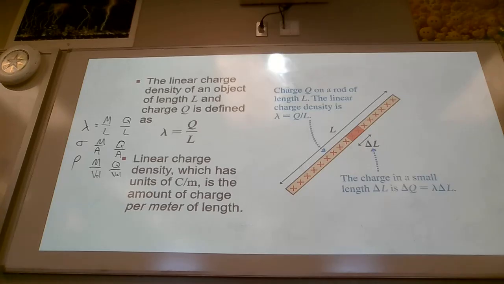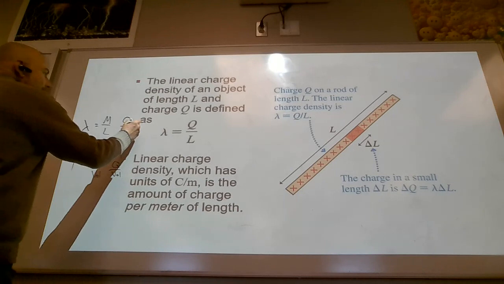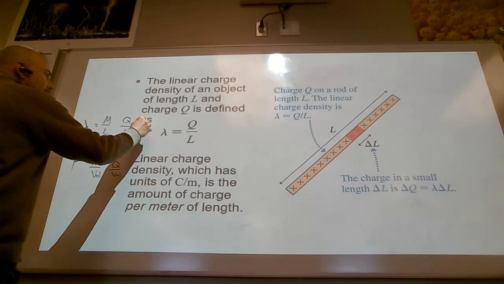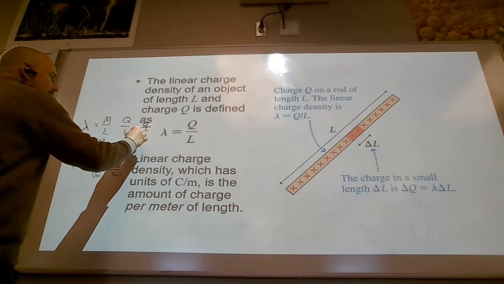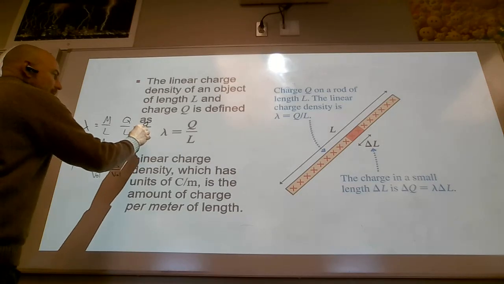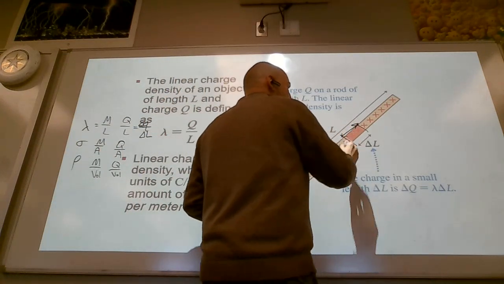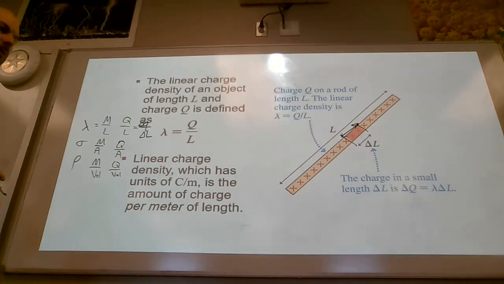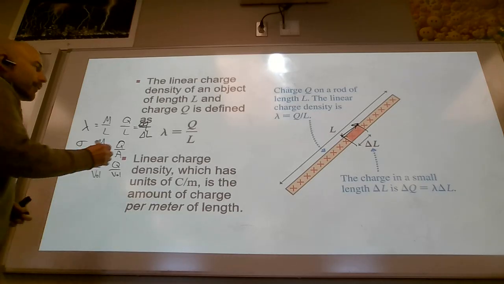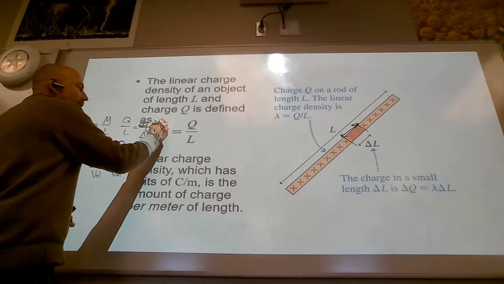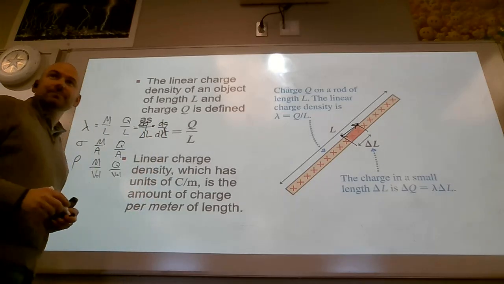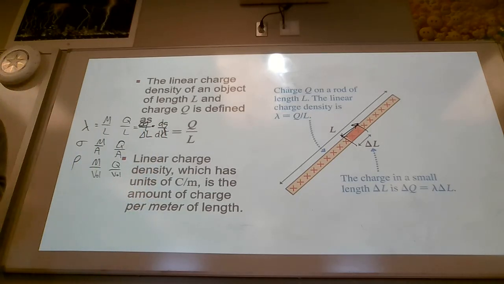Okay. And we're going to do the exact same tricks. We're going to chunk it up and look at a section of this, like this chunk. If we make this a really small little chunk, you get dq over dl. That whole ratio thing.